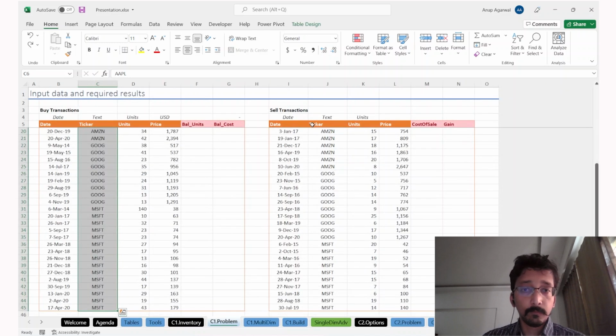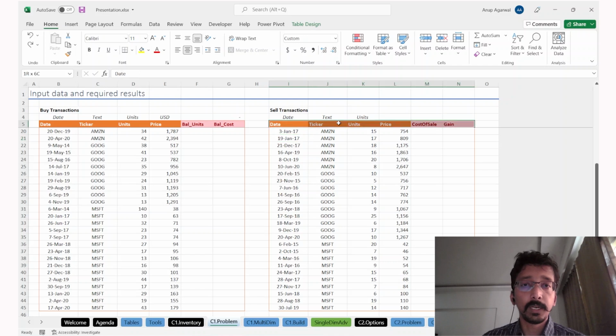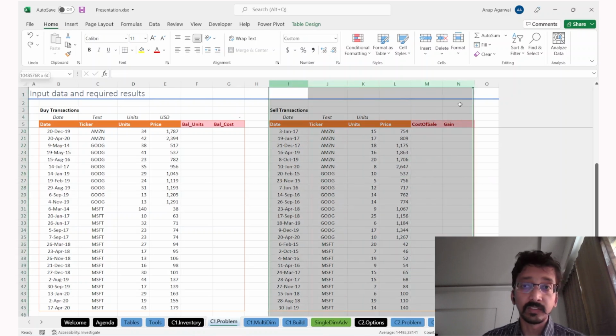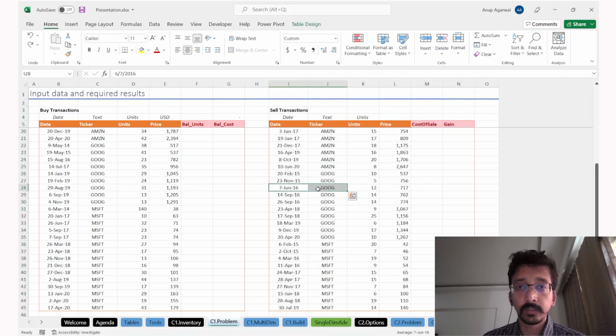Now, what I mean by single dimension is, you see, like in a table, there are multiple characteristics, but you only have one dimension to expand on. And on that dimension, you have these multiple characteristics. So in this case, you can say that the sale transaction is that one single dimension that we are focusing on. So all these sale transactions go in as different rows here in this table.